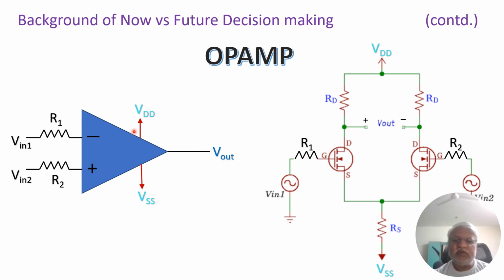For this to operate, there should be a power supply and ground, called negative supply and positive supply. And the circuit diagram of this in MOS implementation is in this fashion. Here also Vin1 and Vin2 are here, and supplies are here. Vout is specified here.